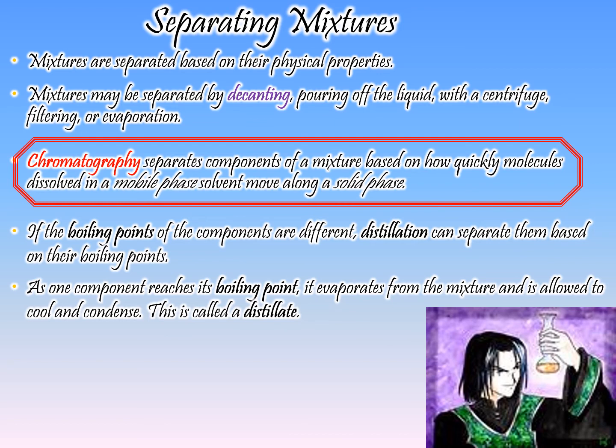A distillate is something like distilled water or distilled vinegar, something that has been concentrated by distillation. So generally the way we do it is we boil one off and collect that one, and that is the distillate. But then the one that is left behind can also be relatively pure, and you've pretty much separated your solution.